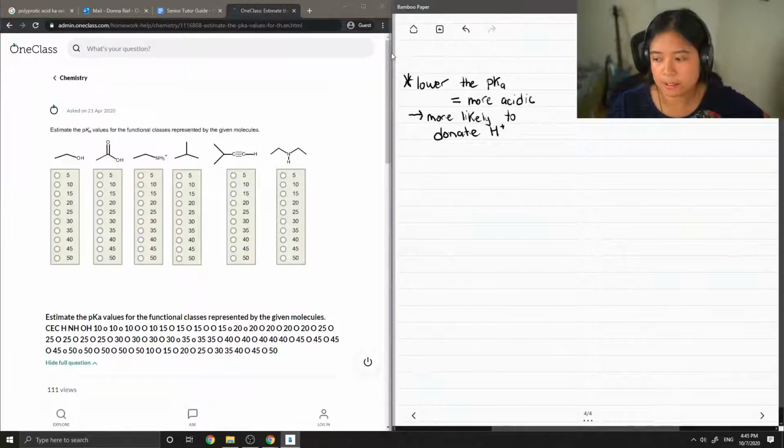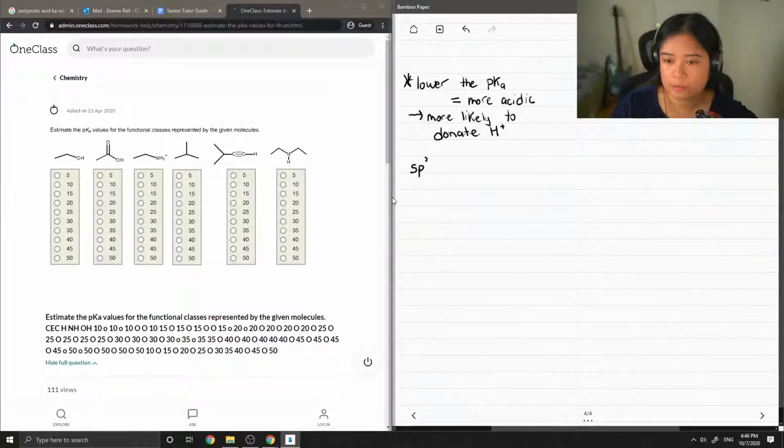Okay, so depending on the type of functional group that you have, these different functional groups correspond to different pKa values. So I'm gonna write out a table that shows from least acidic to more acidic, and also what their corresponding pKa values are. I'm not saying you should memorize these values, but it's just good to know the trend that you may see.